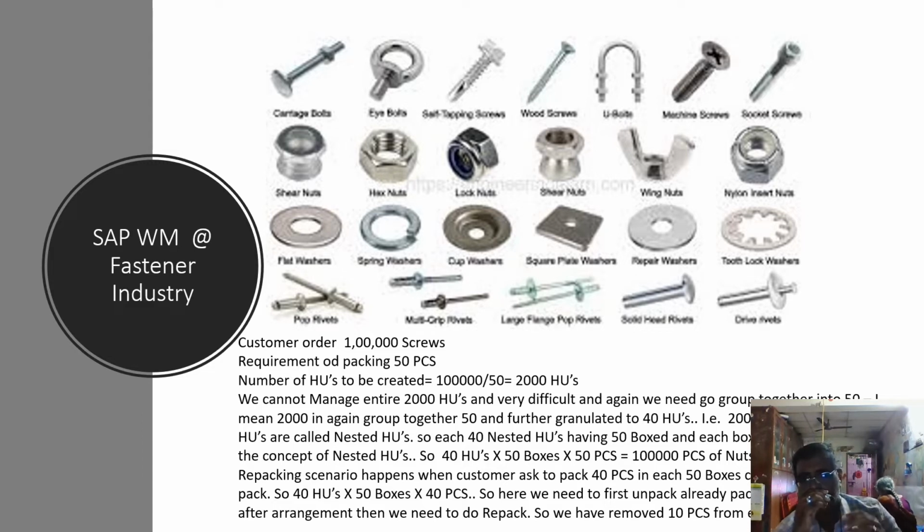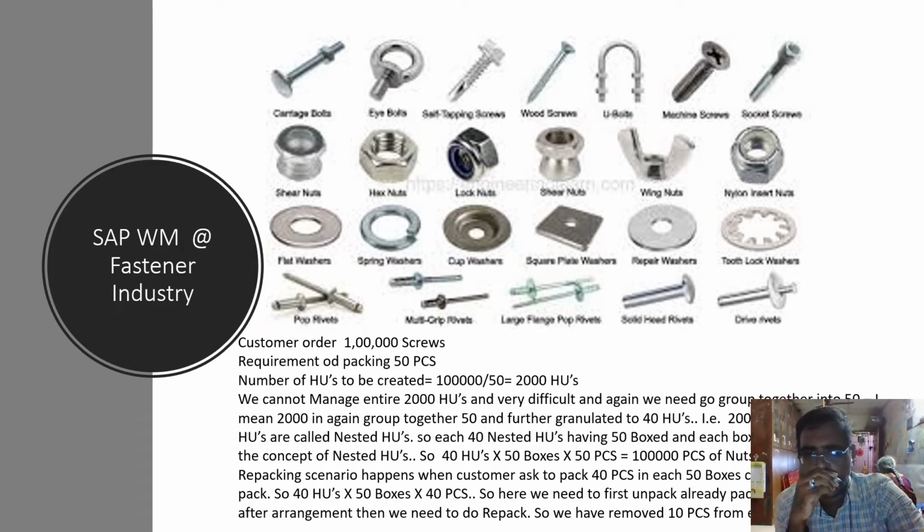So the fastener industry normally comes under the mechanical hardware industry, where steel parts, bolts or nuts are used to fasten two metal objects tightly and coherently. Fasteners can range from small nuts and screws to high bolts. In the fastener industry, it is possible to have accountability of one screw.